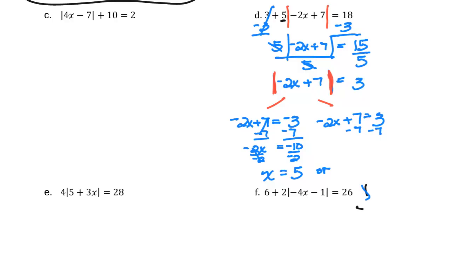Subtract 7, subtract 7. And remember, these should be different values. If you get the same value, that's probably not good. You probably made a mistake. So negative 2x is equal to negative 4. Divide by negative 2, divide by negative 2. x is equal to 2.